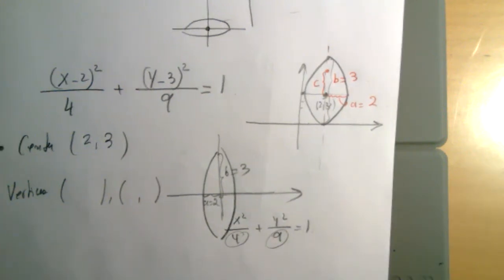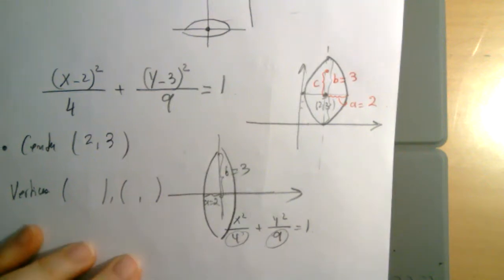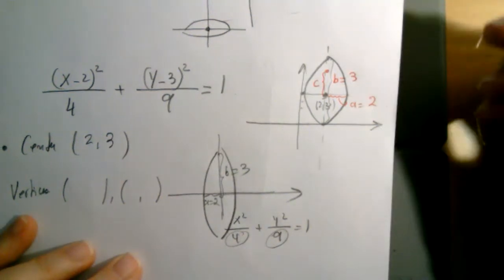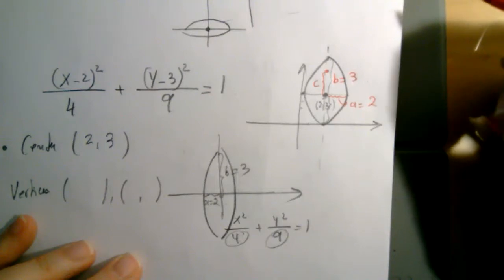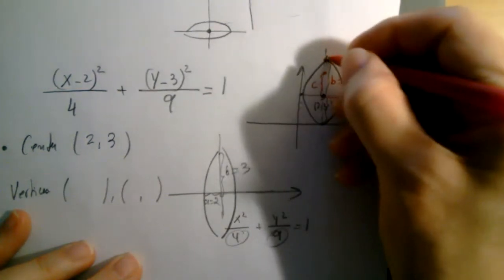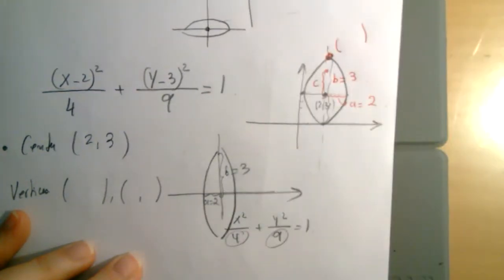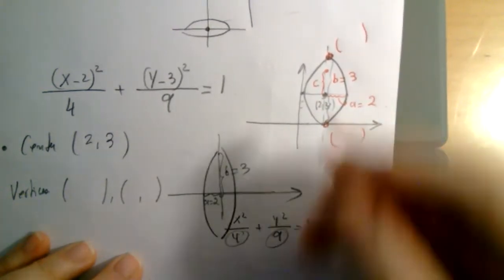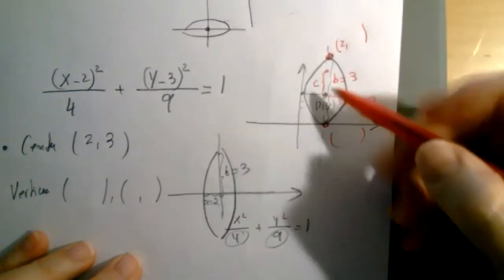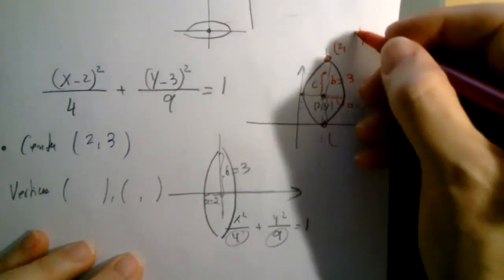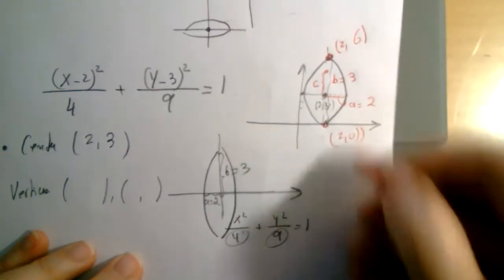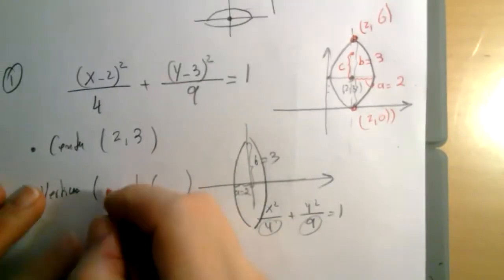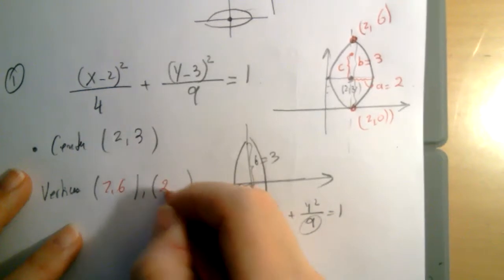Let's see, anybody agree with Sarah? Yes or no? Please put it on the chat. These are the vertices, this point and this point. So it's a 2, and then you had a 3 plus 3, that's a 6, and a 2 and a 0. So the vertices are (2, 6) and (2, 0).